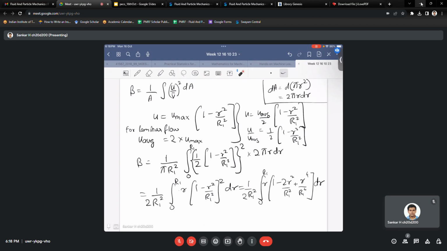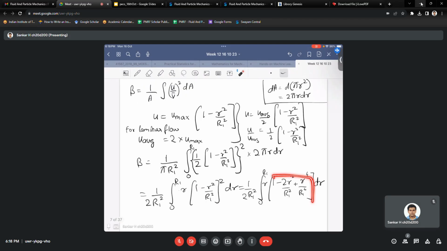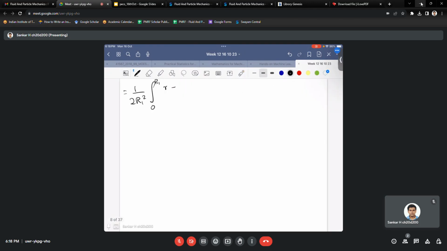I can take r and multiply it inside, and then we'll be able to get 1 by 2 r1 square, integral 0 to r1, r minus 2r cube by r1 square plus r times r power 4 by r1 power 4, which is r power 5 by r1 power 4, dr. Integrating, we'll get 1 by 2 times r1 square times r square by 2 minus r raised to 4 by 2 r1 square, please let me know if you are able to follow, plus r power 6 by 6 r1 power 4, within the limit of 0 to r1.